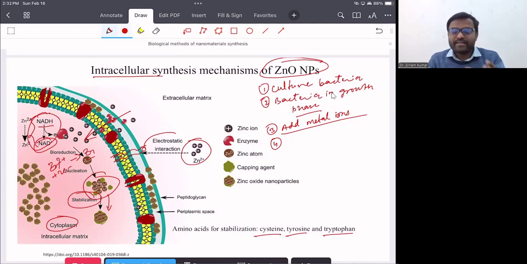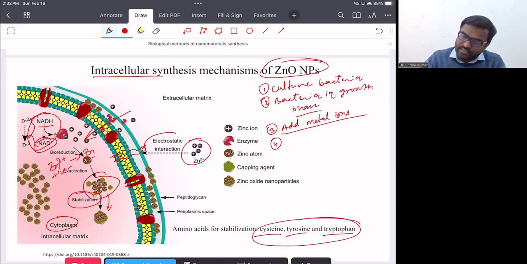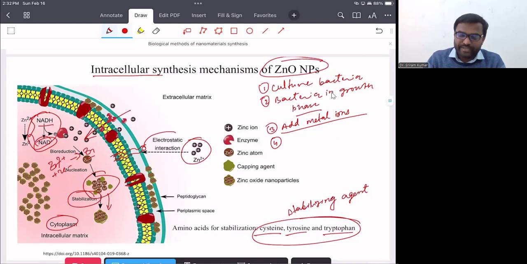Once nucleation happens, there is further growth of the nanomaterial, and finally we get nanomaterials stabilized by stabilizing agents, the amino acids cysteine, tyrosine, and tryptophan.